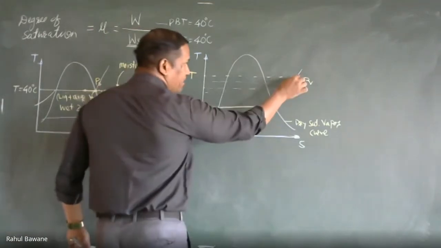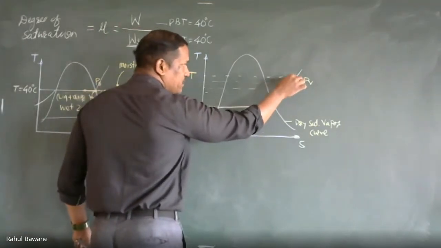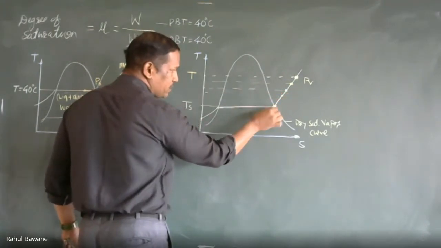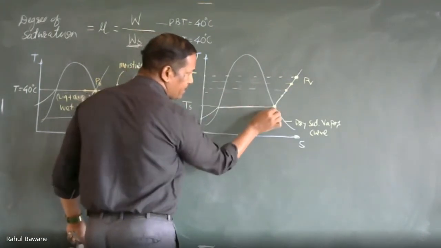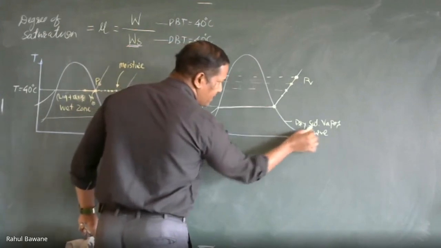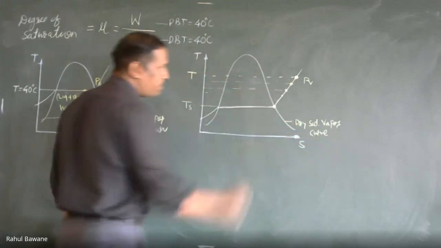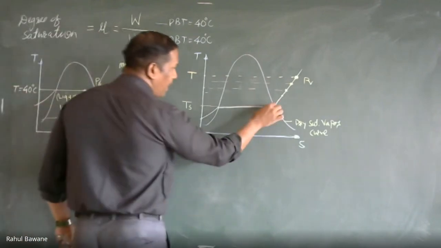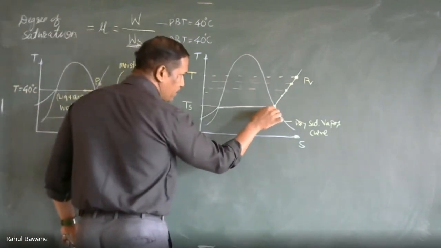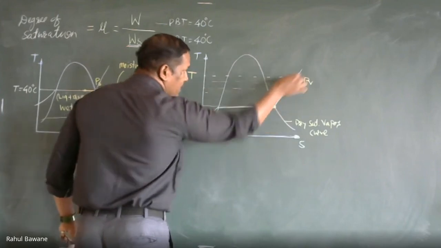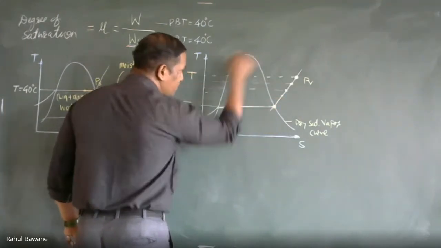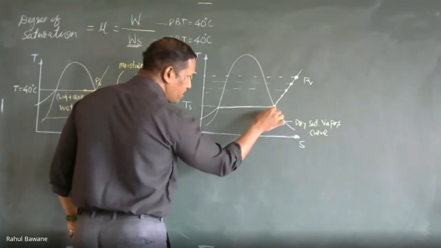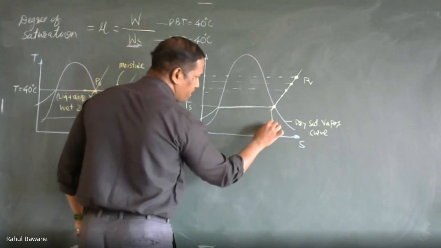So moisture I am not increasing or decreasing, I am just simply reducing temperature, and one time I reach such a condition where my air reaches the exact dry saturated vapor curve, this point. After this, if I try to reduce the temperature, no doubt your curve will be inside this dome, and as soon as vapor enters inside this dome, it will be liquefied.